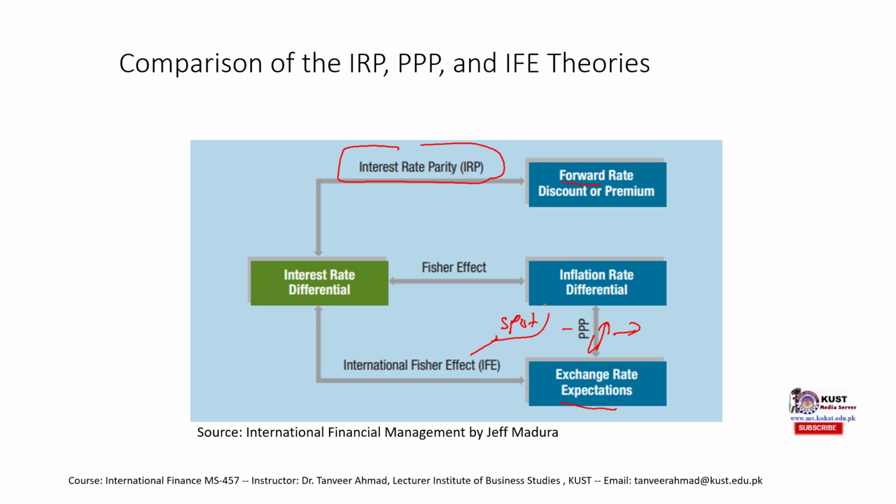They are not related to forward rate. Although interest rate is also involved in international Fisher effect, and it is also involved in interest rate parity, they both are different in a sense that international Fisher effect talks about the effect of interest rate on the spot exchange rate, but the interest rate parity talks about the effect of interest rate on the forward rate.